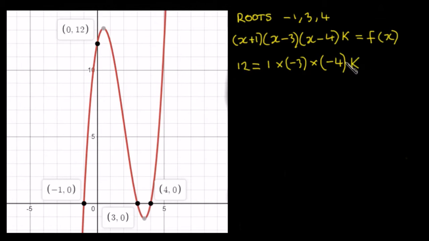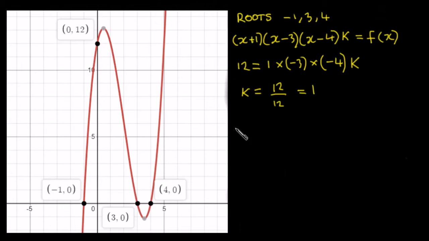Now what we do is just transpose this to get the value for k. So k is going to equal 12 divided by, well, 3 times 4 is 12, and 2 negatives make a positive, so 12 upon 12 is equal to 1.